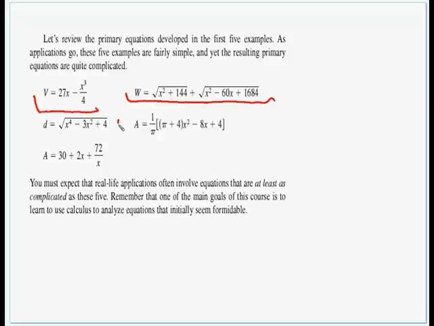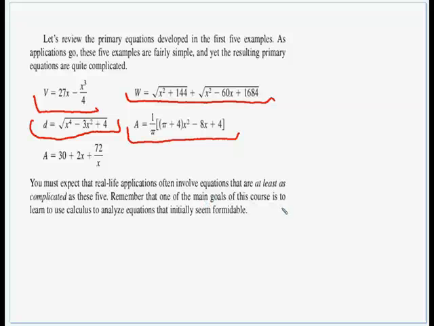For the parabola problem, we had the distance formula that we had to work with. This last one with our area of the wire used to make a square and a circle. You must expect that real-life applications often involve equations that are at least as complicated as these 5.